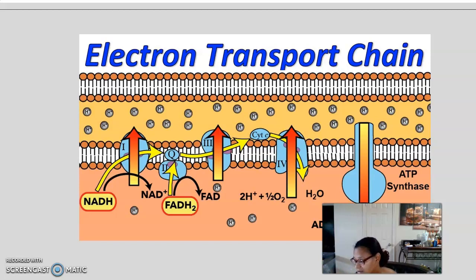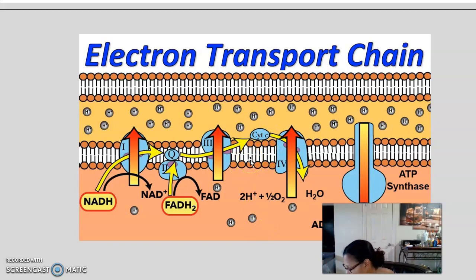It is a series of molecules that transfer electrons by chemical reactions, making up 3 complexes of the ETC. Some of the energy from these electrons is used to pump hydrogen ions, the H plus you see here.